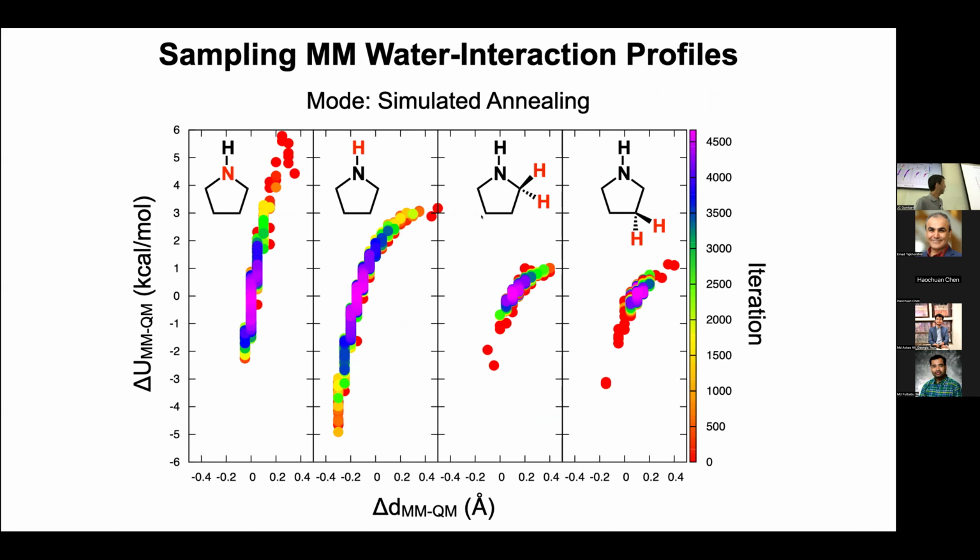This is just another way of looking at the progression of the optimization using simulated annealing. Red is the beginning and purple is the end, and you see how it's progressively getting closer and closer to this 0, 0 here.